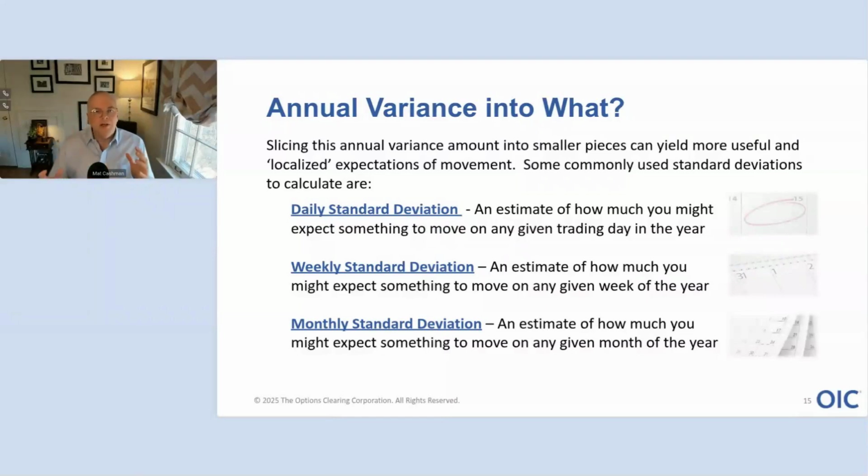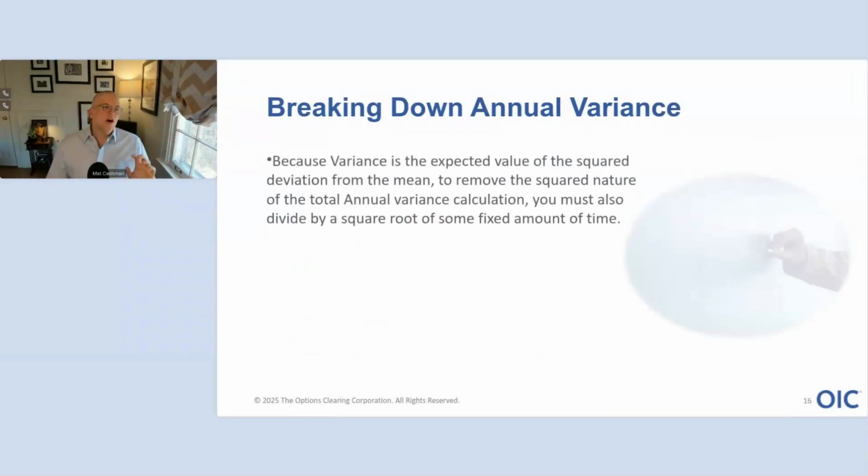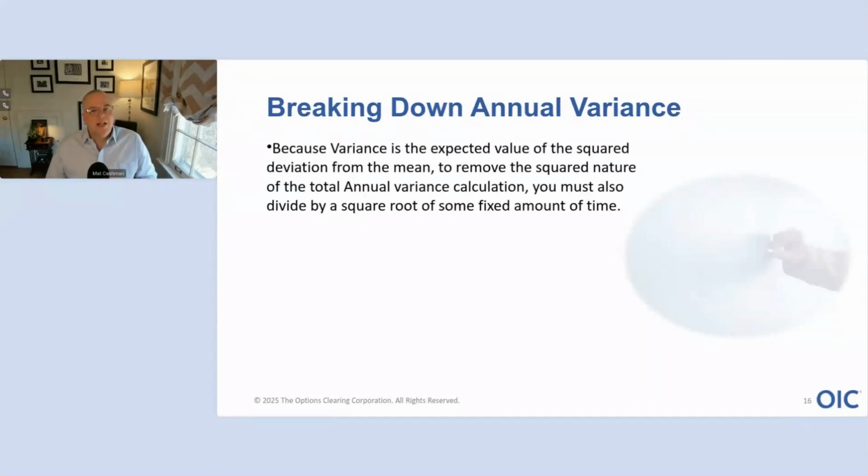But it gets a little complicated when people start to look at the math of it, and that's part of the reason why I like to break it down into pieces first. So when we're breaking down this annual variance, a lot of people will ask, why do we use the square root of time? Why don't I just divide it by 252?